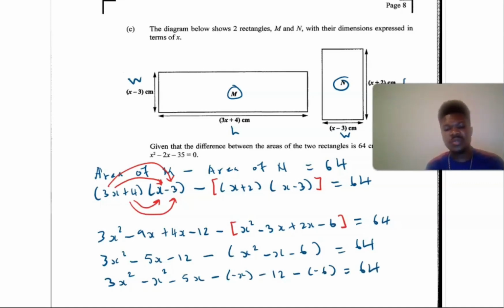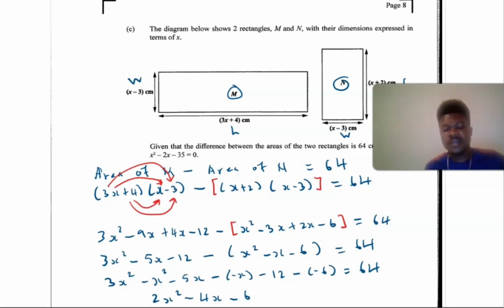So I'm showing almost all the steps. 3x squared minus x squared gives us 2x squared. And minus 5x minus negative x, two negatives right here is going to be positive. So it's basically minus 5x plus x, which is minus 4x. And minus 12 minus negative 6, same thing here, becomes positive. So it's going to become minus 12 plus 6, which is minus 6.